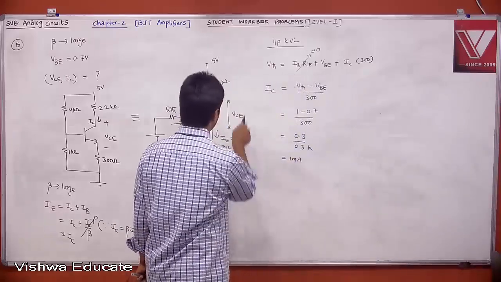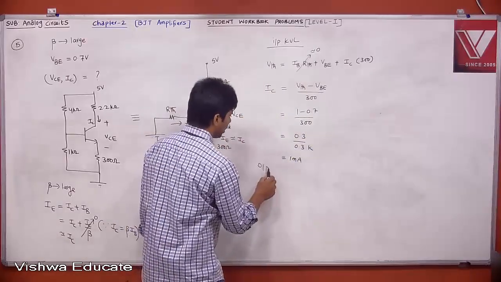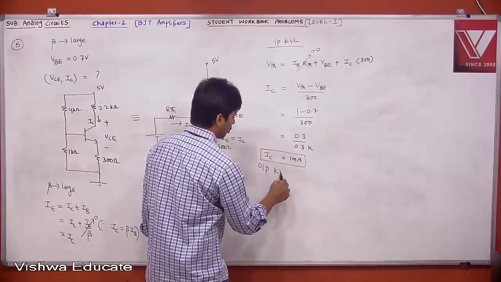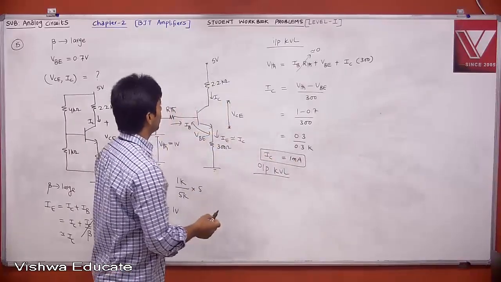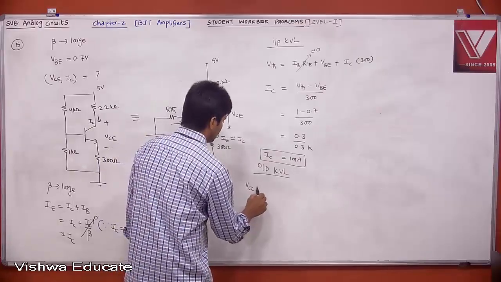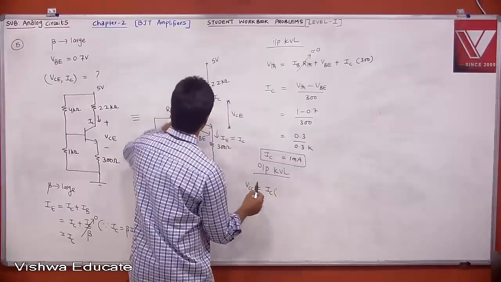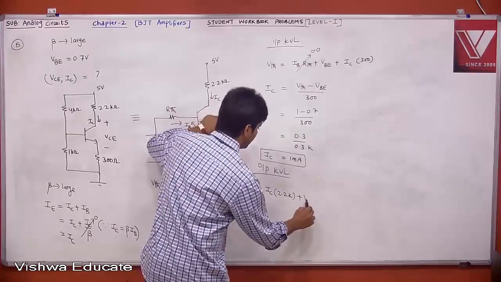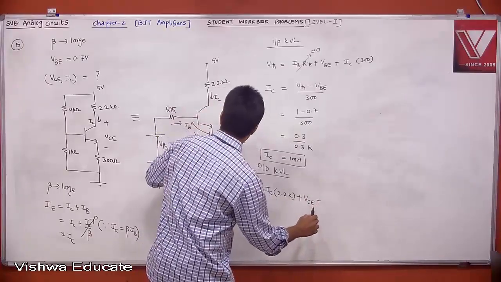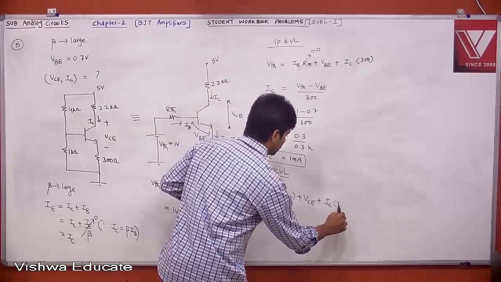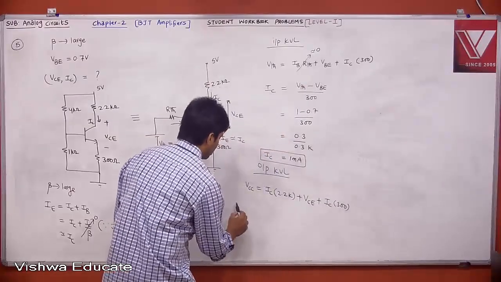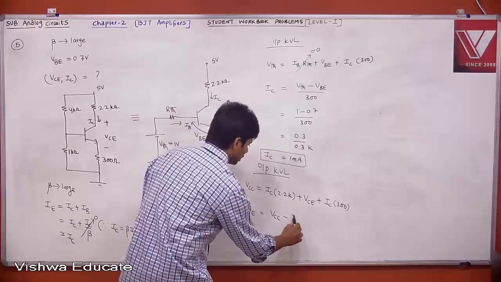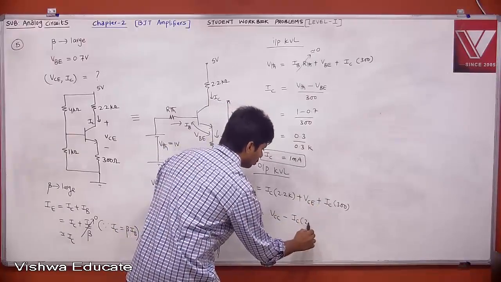Now output KVL to find VCE. This is your IC. When you write output KVL, VCC is equal to IC into 2.2K plus VCE plus IC into 300. Therefore VCE is equal to VCC minus IC into 2.2K plus 300, means 2.5K.